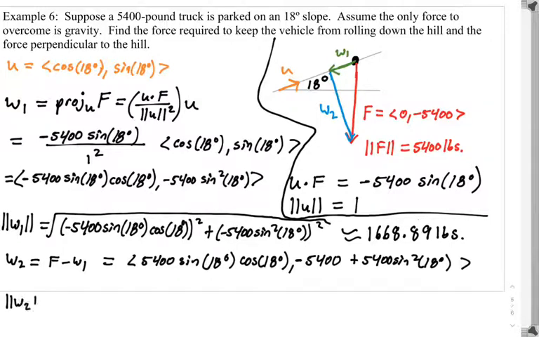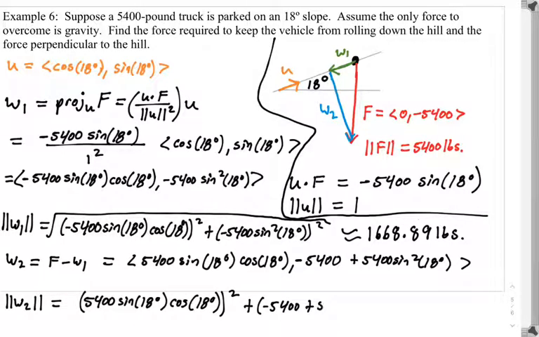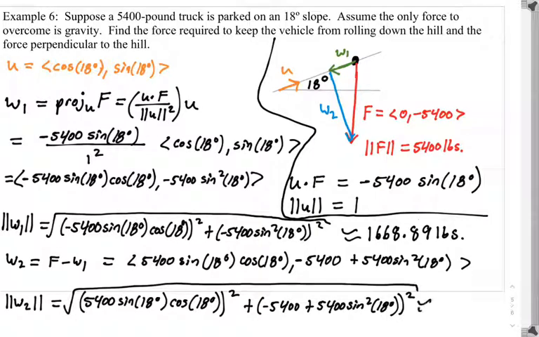We'll find the magnitude of that, and calculating that again, it's 5,135.7 pounds. So we found the force on the slope and the force perpendicular to the slope.